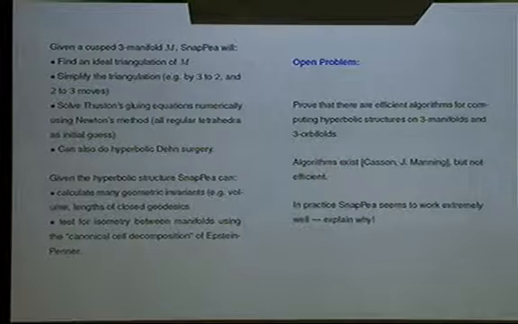I guess it's known that algorithms exist for doing this. I guess this goes back to ideas of Casson written up by Jason Manning. These algorithms basically involve finding all suitable representations of the fundamental group into PSL2C.